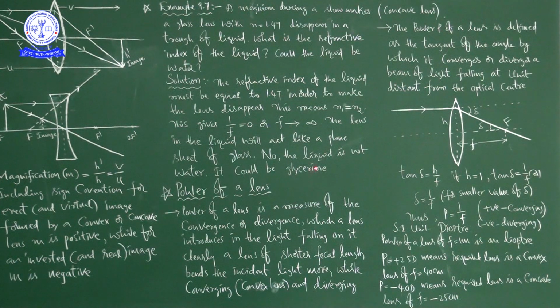Now we are going to discuss the next topic, power of a lens, focal power of a lens. We already discussed what focal length is, so now, what is the focal power of a lens? Power of a lens is a measure of the convergence or divergence which a lens introduces in the light falling on it.